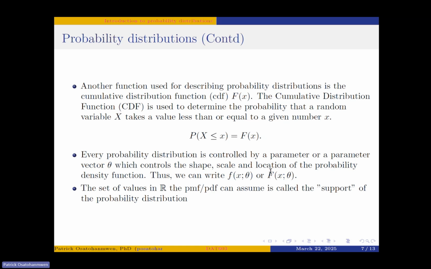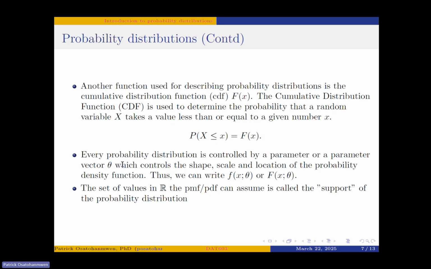The location parameter tells us where the distribution of the random variable begins, the point of beginning of that distribution. For example, the location parameter for the normal distribution is the mean. So every probability distribution is controlled by a parameter or a vector of parameters.